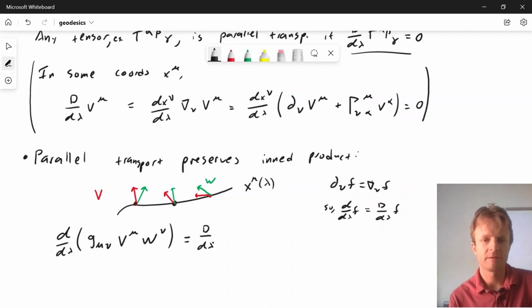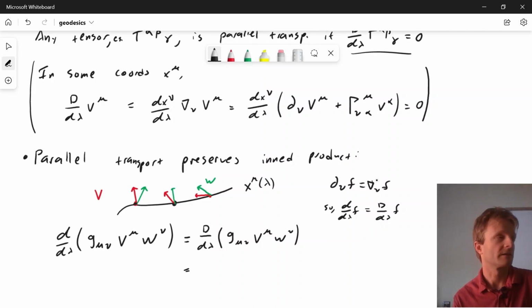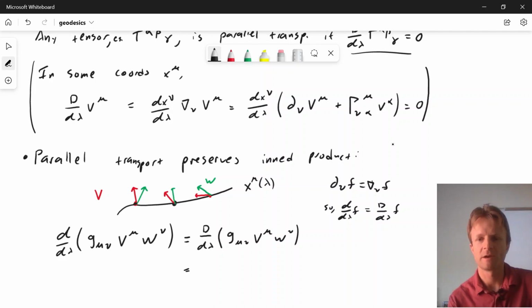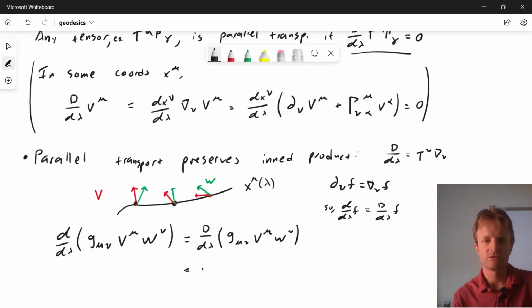D by d lambda, g mu nu, v mu, w nu. And then again, we have just the same Leibniz rule from the fact that the covariant derivative was defined to satisfy the Leibniz rule. This capital D, which is just, remind you, the covariant derivative contracted with the tangent vector, will satisfy the Leibniz rule. And so we can just break this up into 3 terms.